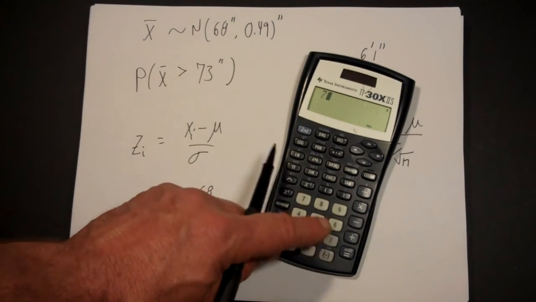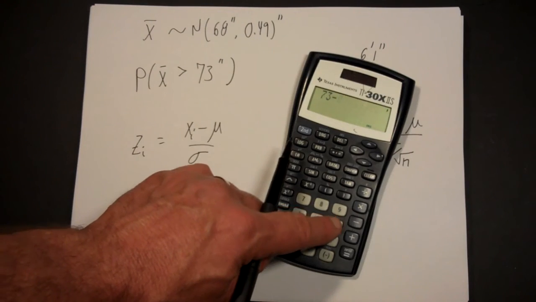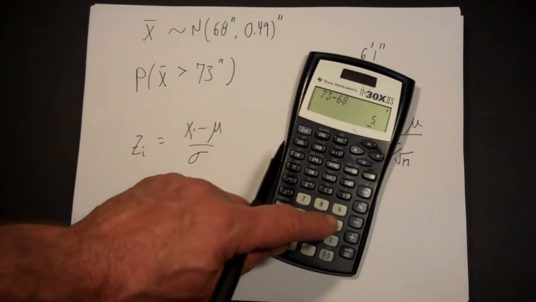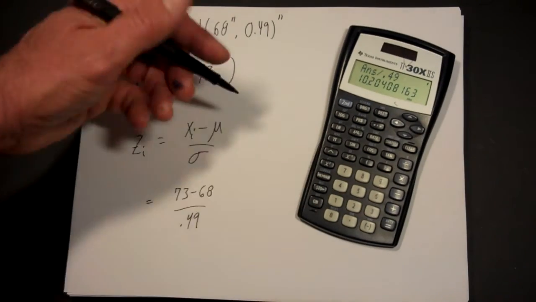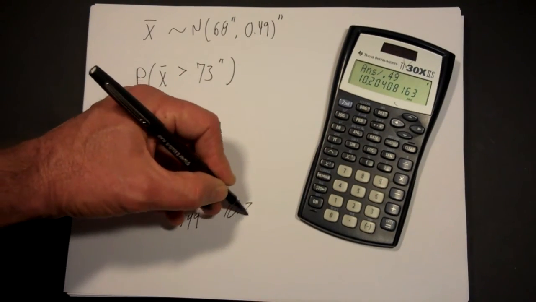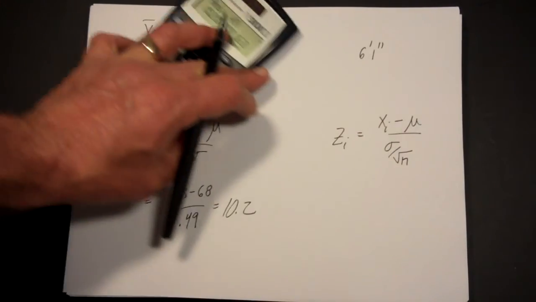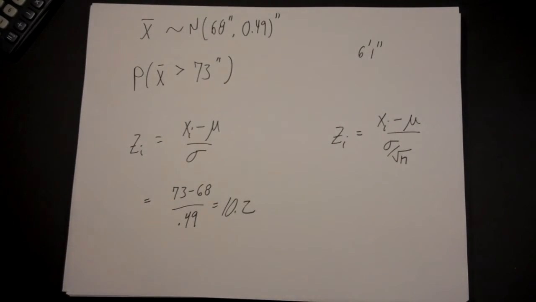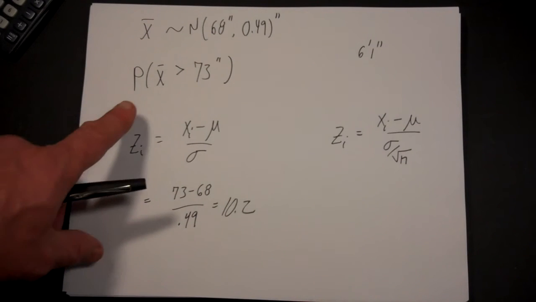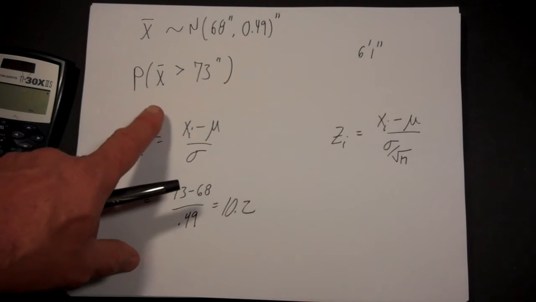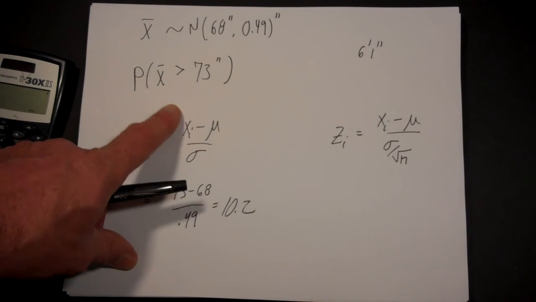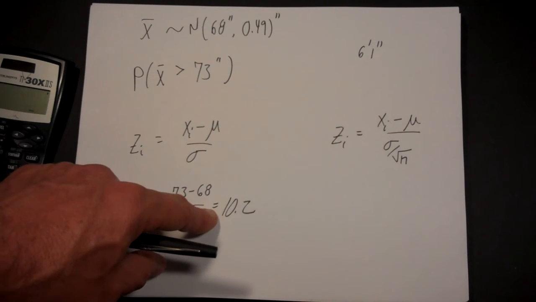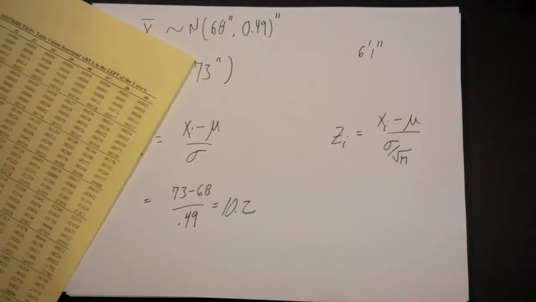We get 73 minus 68 divided by 0.49, which is 10.2. In other words, getting an average height greater than 6'1" is equivalent to getting a mean that's 10 standard deviations greater than the average.